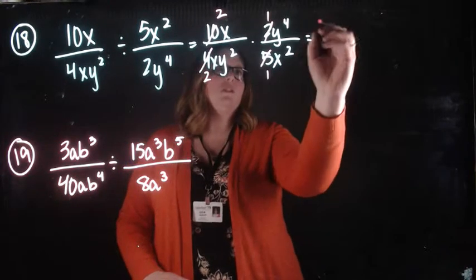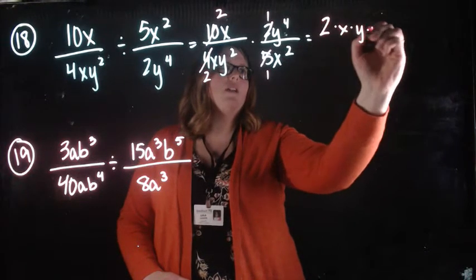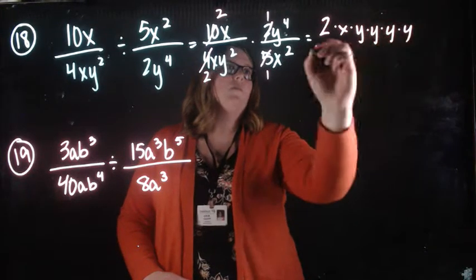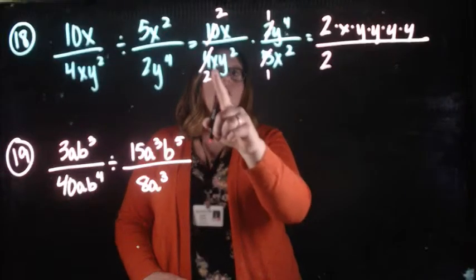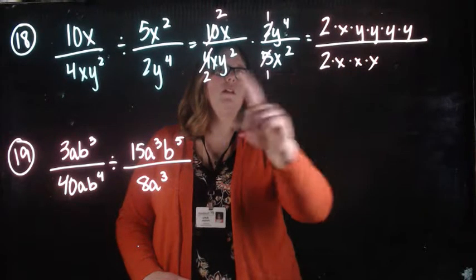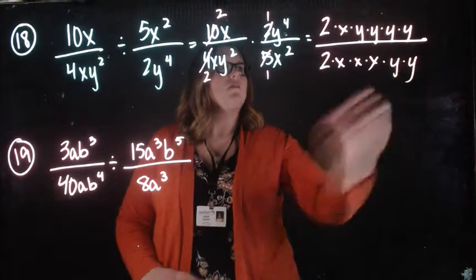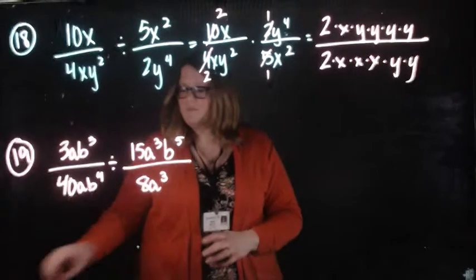So 2 times 1 is 2, times x, times, I have 4 y's here. And 2 times 1 again is 2, times x times x times x. I have 3 x's being multiplied and 2 y's. Over here we can cross cancel.